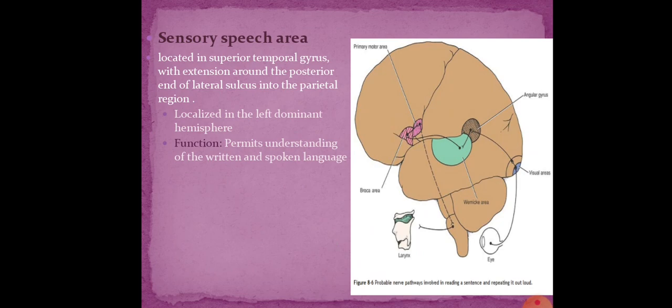Sensory speech area or Wernicke's area. Wernicke is written with a W but pronounced V. Wernicke's area is located in the superior temporal gyrus with a small extension around the lateral sulcus into the parietal lobule, the inferior parietal lobule.